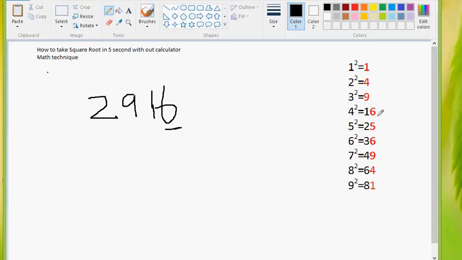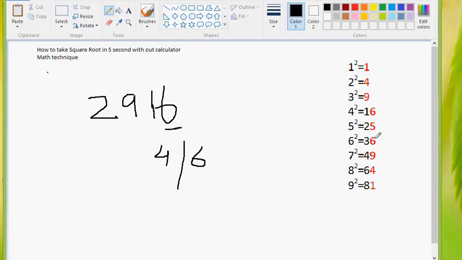You have to check the 6 in this table. So 4 contains 6 in the square, and 6 contains 6 in the right number. You have to check the right one.